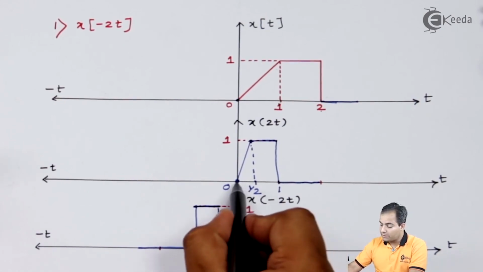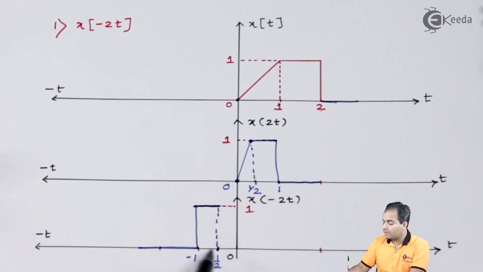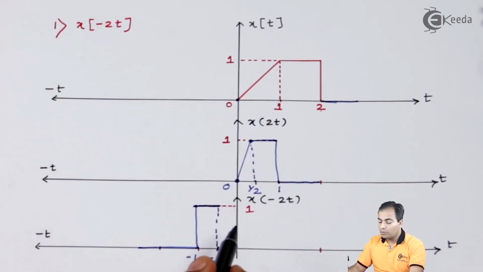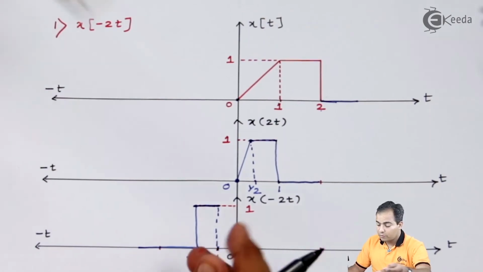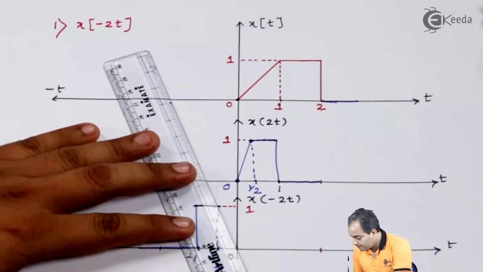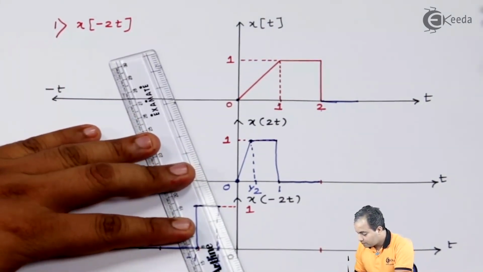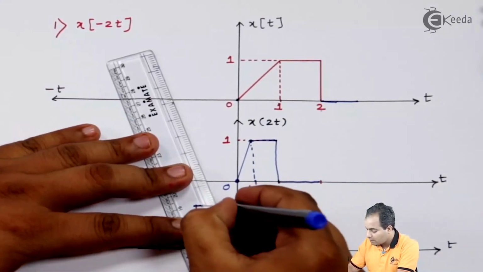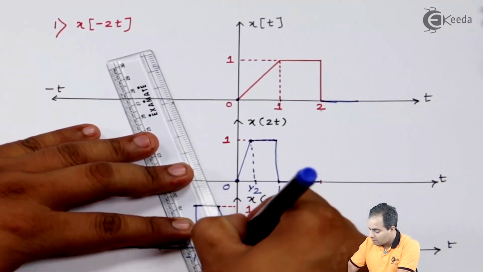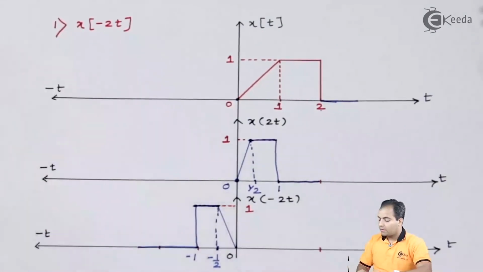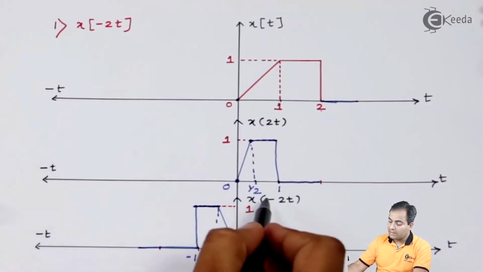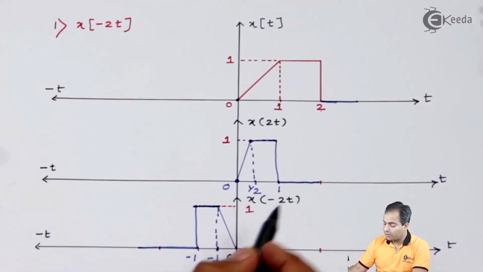In between 0 to half there is one slope, and similarly in between 0 to minus half there is also one slope. I'll connect these 2 points by scale, and this is the result of x of minus 2t.